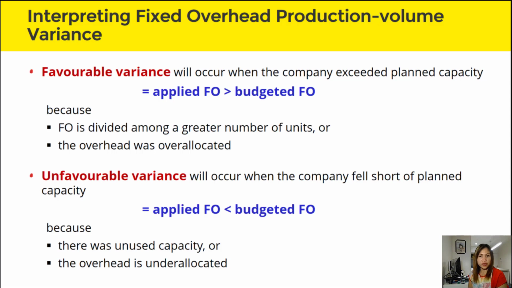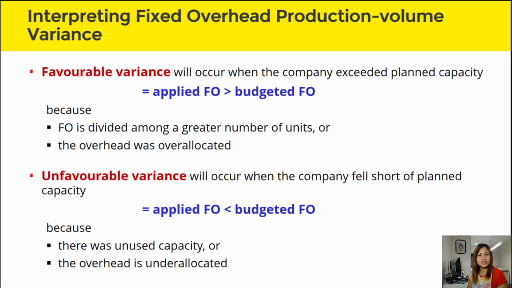For fixed overhead costs, production volume variance is favorable if the applied fixed overhead cost is greater than budgeted fixed overhead. Why? Because if the applied fixed overhead cost is a greater number, it means fixed overhead cost is divided among a greater number of units.